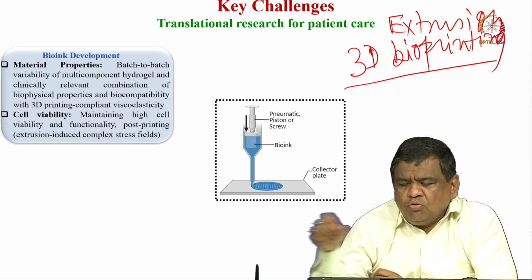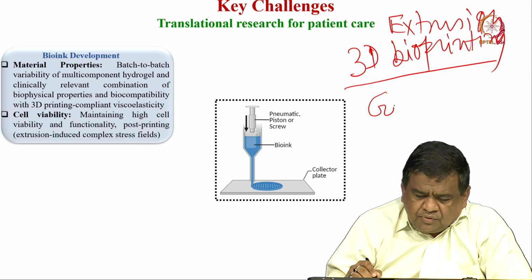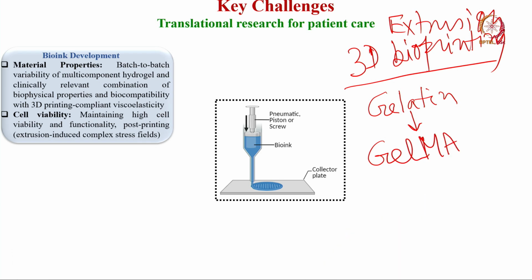So there is a batch to batch variability. Earlier you have learned that you have a gelatin, and then you transform gelatin into gelatin methacryloyl, Gelma, and these gelatin sources can be either porcine or bovine or fish scale, fish cartilage.